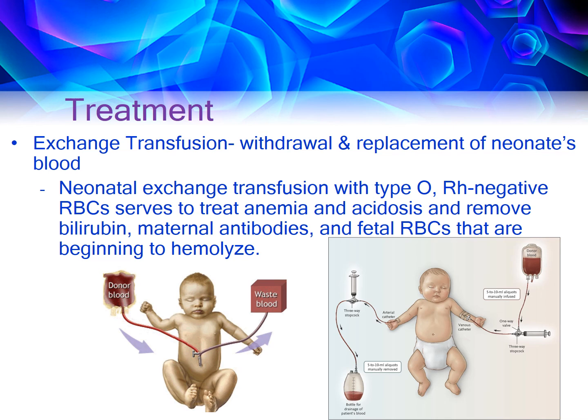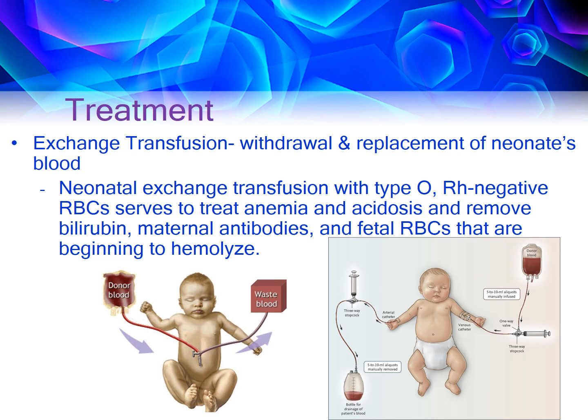Treatment for jaundice, make sure you review your phototherapy, as that is the number one treatment, even in pathologic jaundice. However, it is possible to see an exchange transfusion. We're literally withdrawing and replacing the neonate's blood.